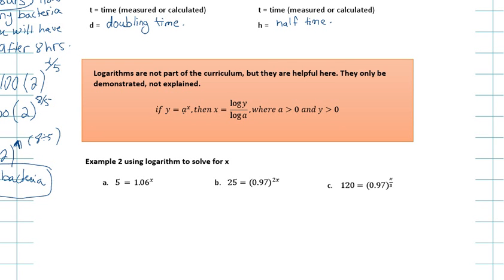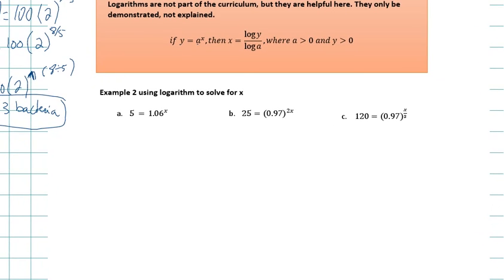So x equals log of 5 over log of 1.06, and you get 0.62. So I did not have to do any trial and error, I did not have to waste time. I just had to use the formula correctly to find the answer, and the answer is exact.